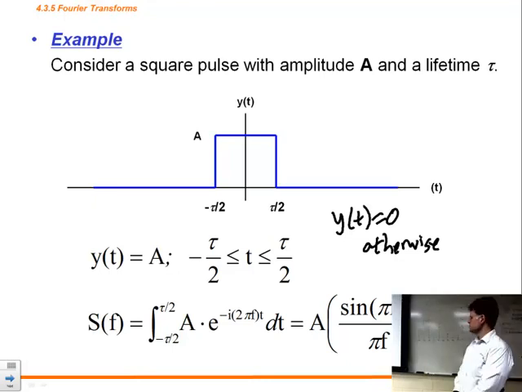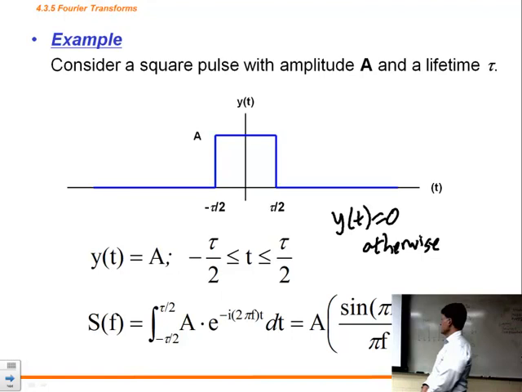All right. So what are the frequencies of the sine curves, of the basic waves that can add up together to get this pulse?